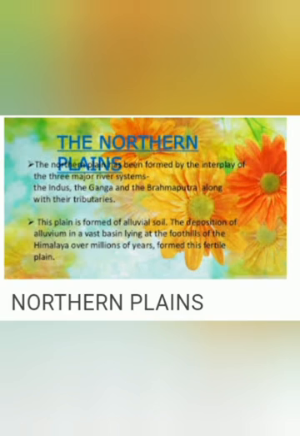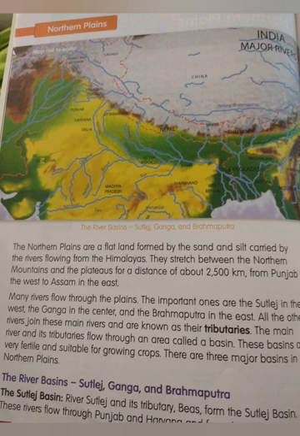Many rivers flow through the plains. The important ones are the Satluj in the west, the Ganga in the center, and the Brahmaputra in the east. All the other rivers join these main rivers and are known as their tributaries.